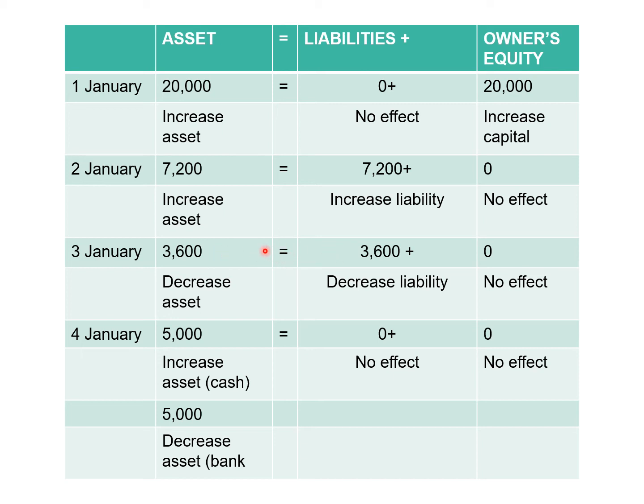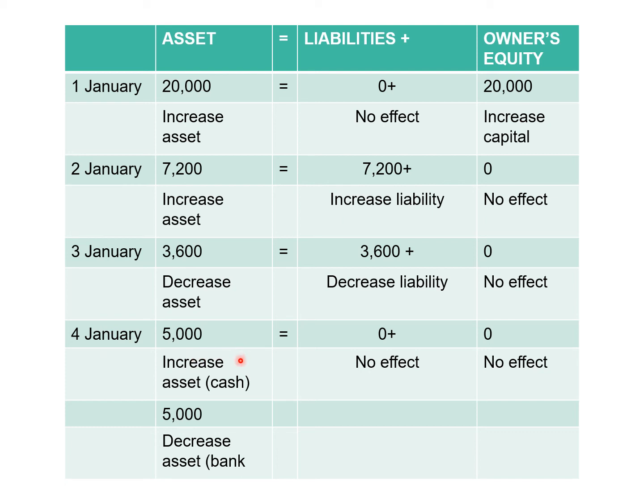And also, you akan mengurangkan liability because just now you hutang dengan Wong 7,200, right? So you dah bayar, maksudnya you kurangkan liability you sebanyak 3,600. So 3,600 equals to 3,600 campur kosong.